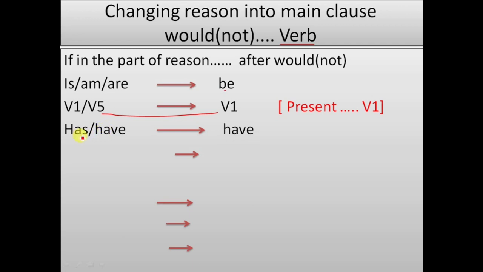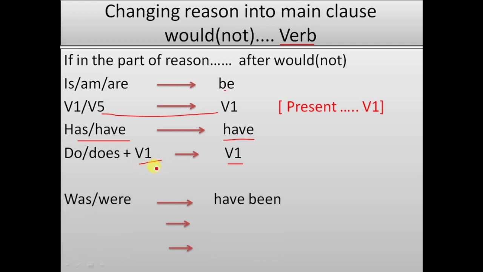Similarly, if there is have or has, we have to change it into have after would or would not. Similarly, if there is do, does plus V1, we have to use the same V1 after would or would not.